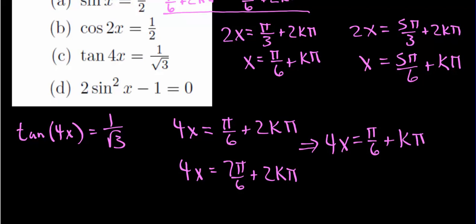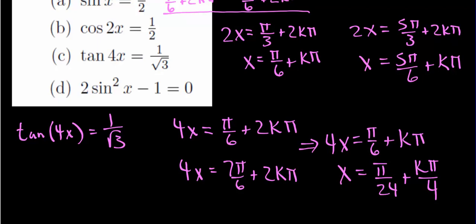Because they're only 180 degrees apart, pi radians. Then I could divide by 4. Yeah, like that. So however you want to do it, you could just say x equals pi over 24 plus k pi over 2, and then do the other one, 7 pi over 24 plus k pi over 2.